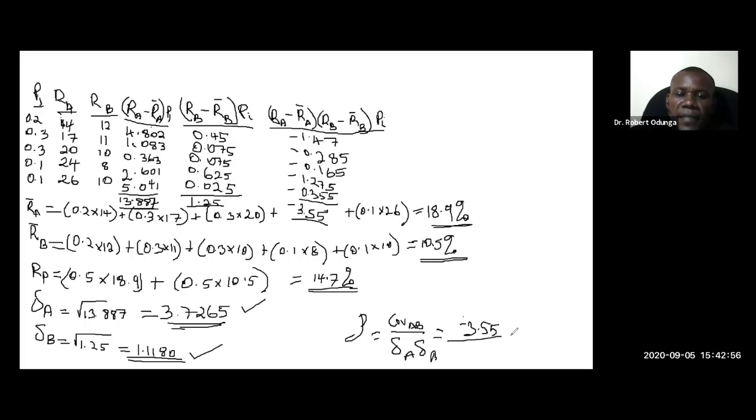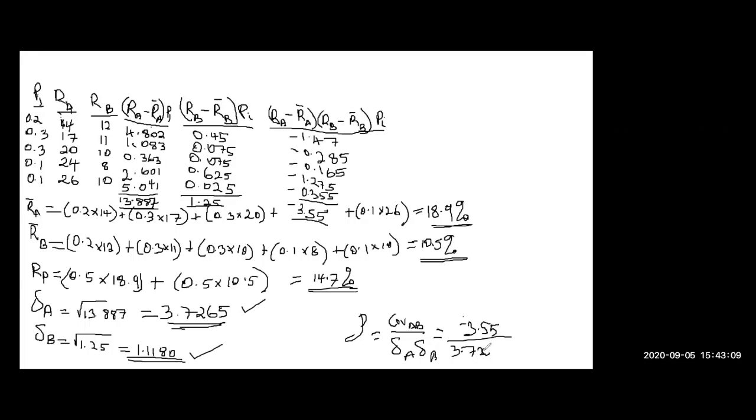The standard deviation of A is 3.726, times 1.118.